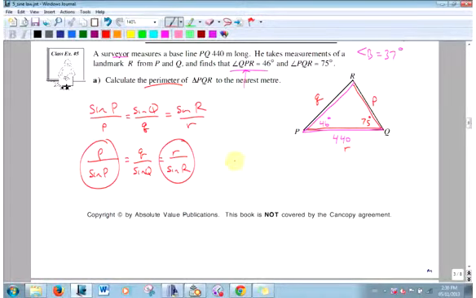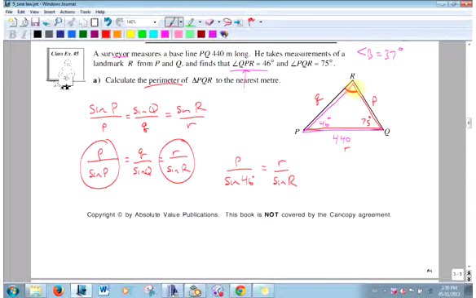I know little p, I don't know it, but sine big P, that's 46, equals Q, I don't know. R, I'm going to need another piece of information here, right? Because I got how many variables? 3. That's not going to help me.